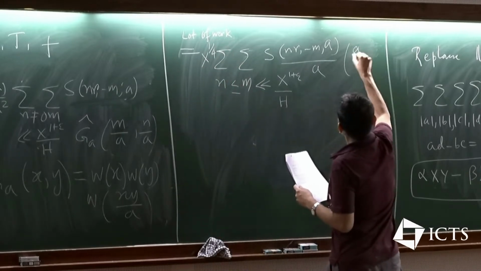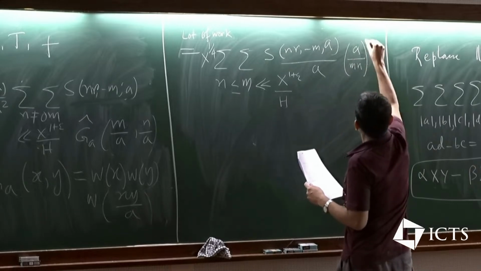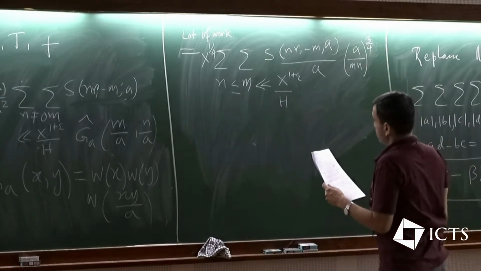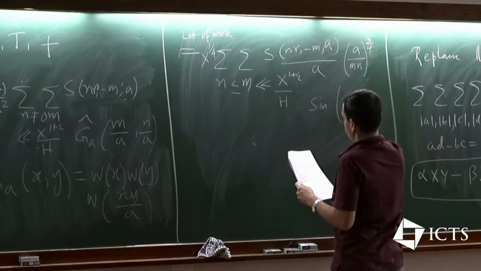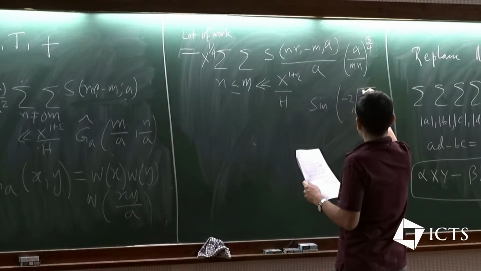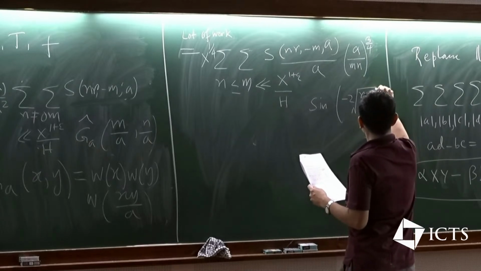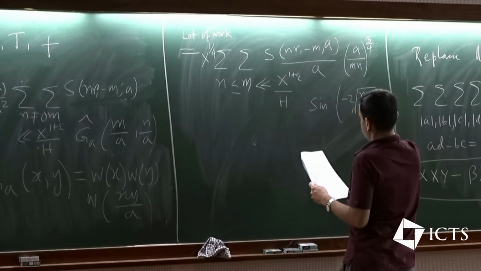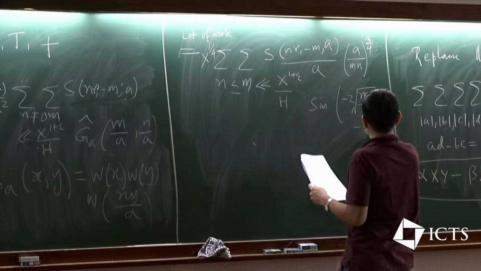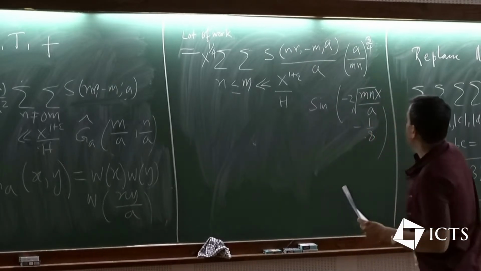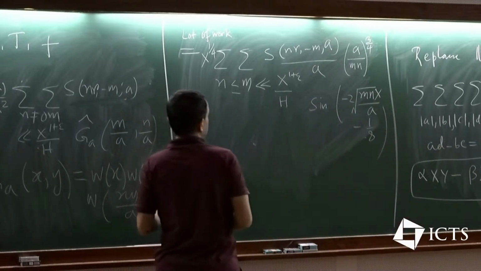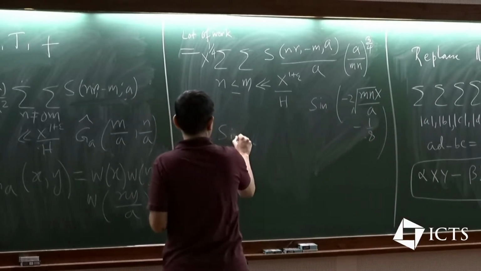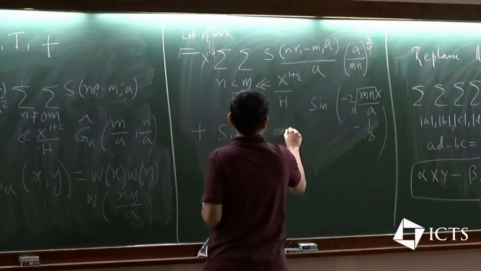Then A by mn to the 3/4. Then sine of minus 2 root over mnx by A minus 1 by 8. Okay, plus similar sums. So there will be a total of 4 sums.